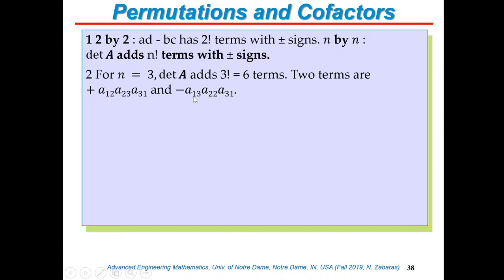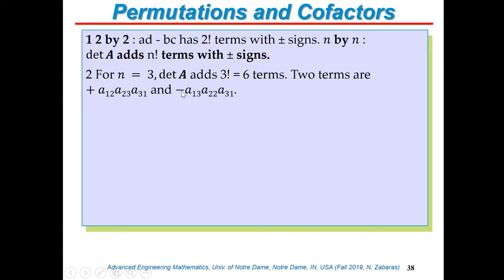Now, you may wonder why you have a negative sign here. If you can see, the first term is in row 1, column 3. This is row 2, column 2, and this is row 3, column 1. So you can immediately see that to get this term, you have to have an exchange between columns 1 and 3. So the columns here that you get are 3, 2, 1, and you need to have one exchange to go back to 1, 2, 3. And if you have one exchange, that's a minus sign.